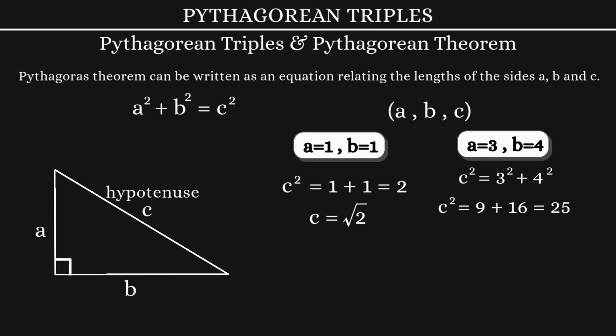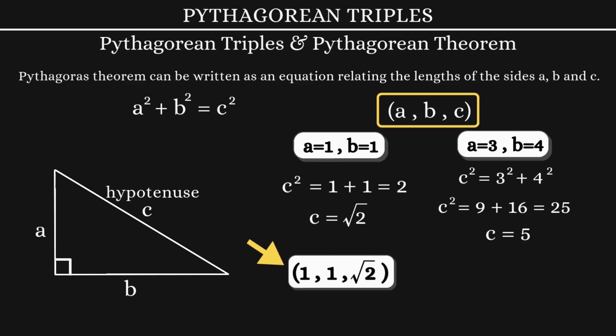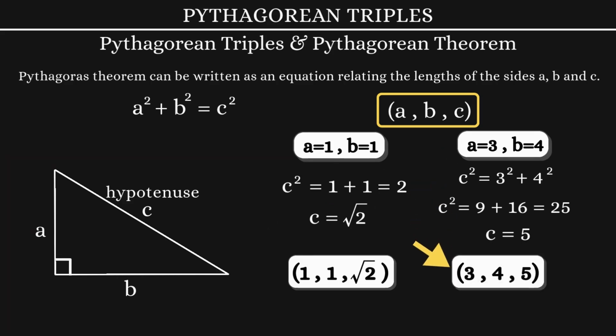C squared is 25, so C will be 5. Now, if we write the sides of the triangle as a set like this, we have 1, 1 and root 2 here. And in this case, we have 3, 4 and 5.